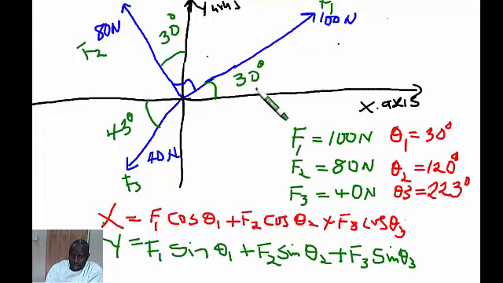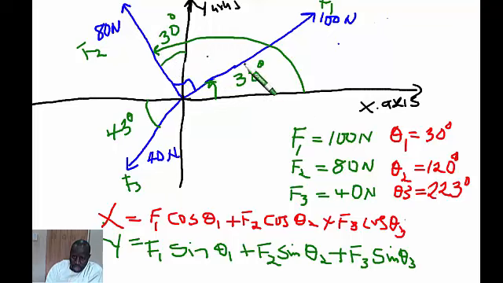The angle between F1 and the x-axis is 30. You can see we measure the angle anti-clockwise. And the angle between F2, which is 80, and the x-axis is going to be 120. This is how we measure the angle, counterclockwise to our F2.